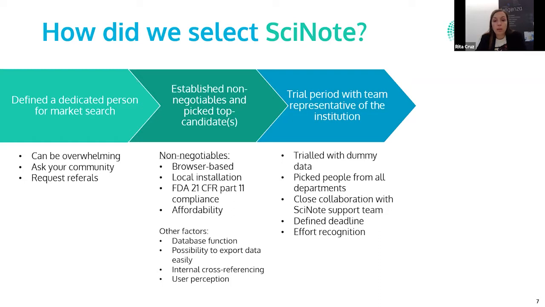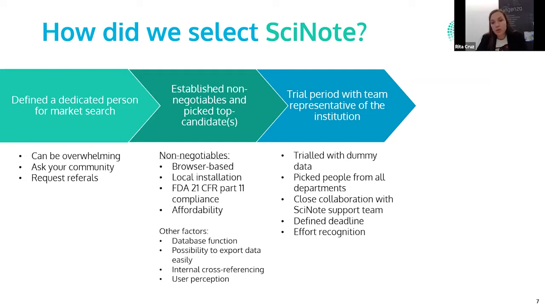In this trial period, we also had a close collaboration with the support team. And we would ask them regularly how to troubleshoot or how to do a particular task, or if we came into a problem, they would always help us sort it or suggest how to use the system, because we were still getting familiar with it.